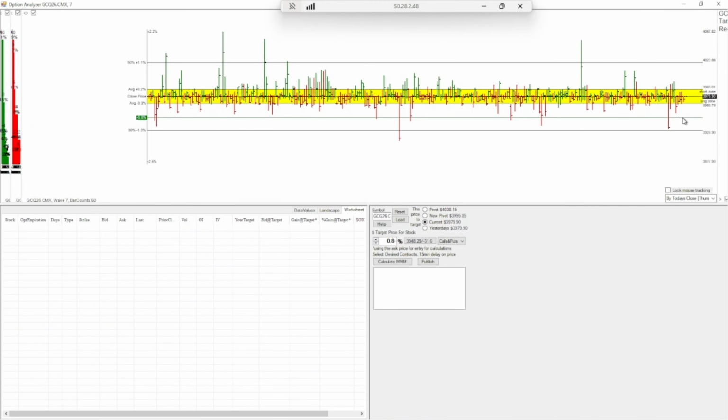Then we'll get average range to the downside, which is right around here at that 0.5%, 0.6%. That's at 3957.1. And 3912.5 is your max range.